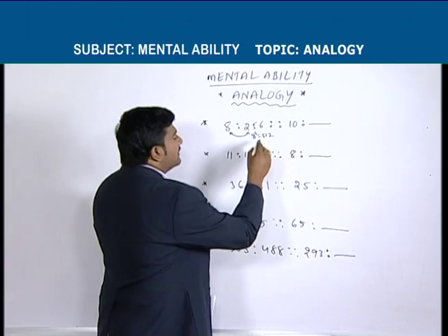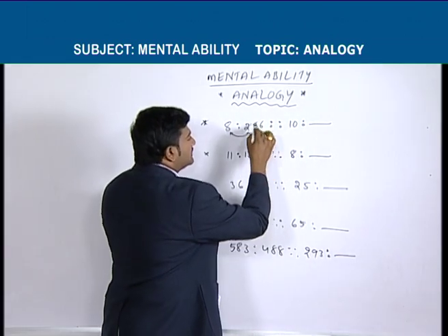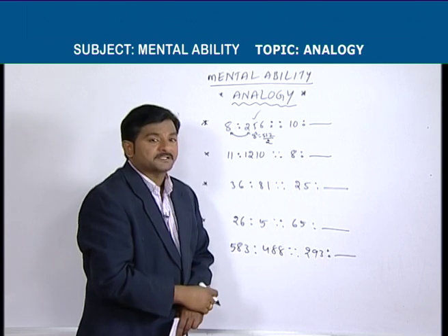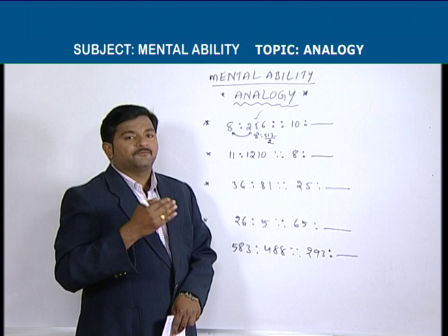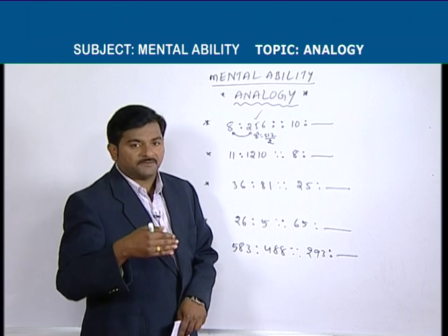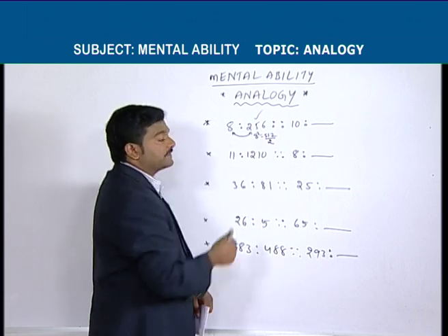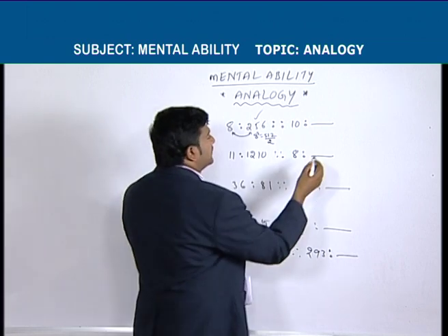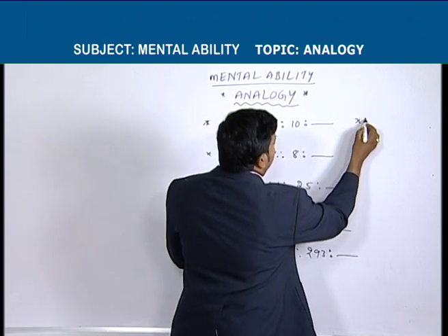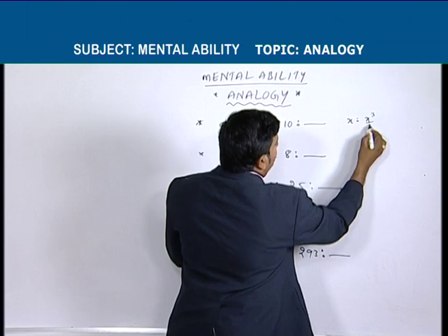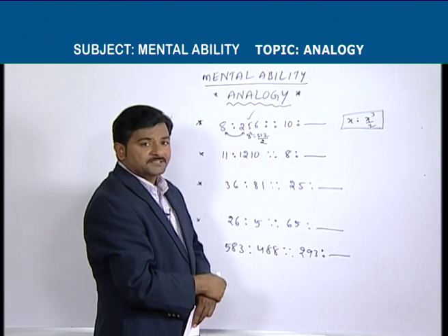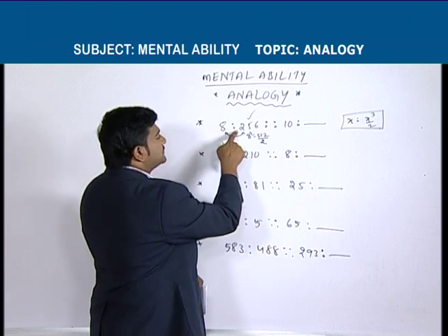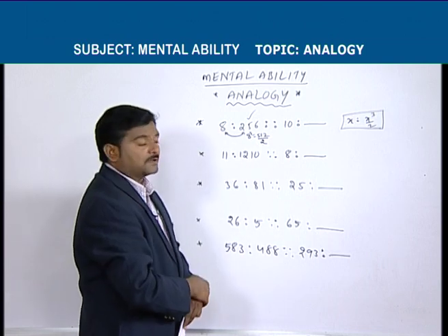So indirectly, half of 512 is 256. The concept involved is, let's say, x is to x cube by 2, if you write in general. So 8 is to 8 cube by 2. That is the concept involved.